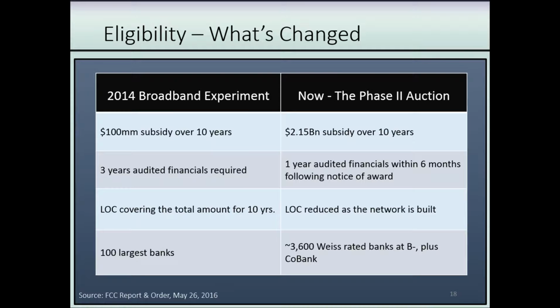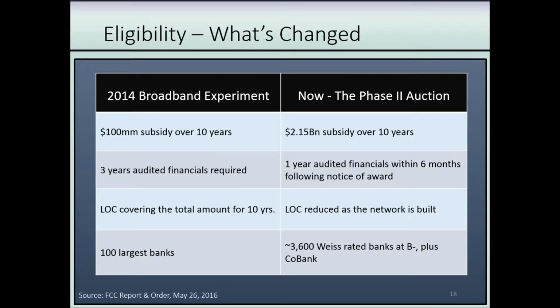And as an experiment goes, it didn't turn out the way that we had anticipated for a number of these bidders. I was disappointed personally because a lot of them were local rural providers who I have the strongest affinity for, having been a WISP. But let's take a look at what has changed now with this current auction that's upcoming.